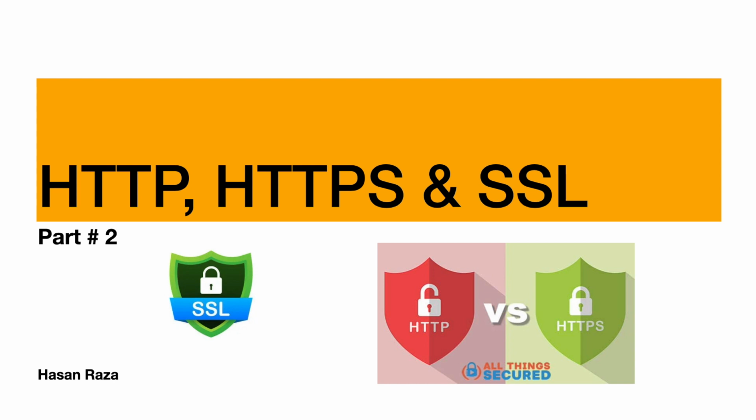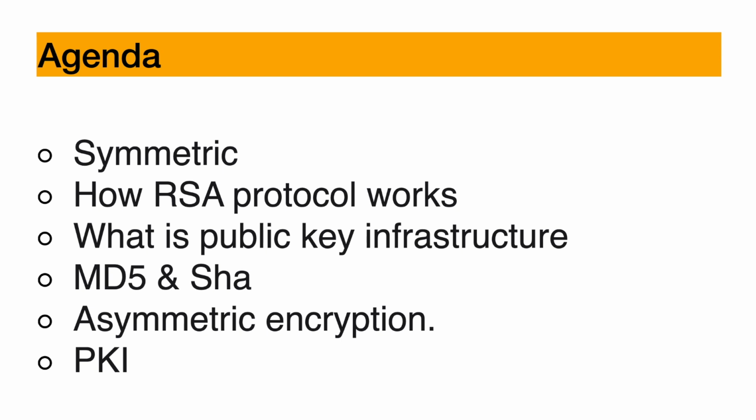So we will jump to the agenda today. The agenda is symmetric algorithm and how the RSA protocol works, what is public key infrastructure, what are MD5 and SHA, asymmetric encryption and PKI. So these are the important topics.